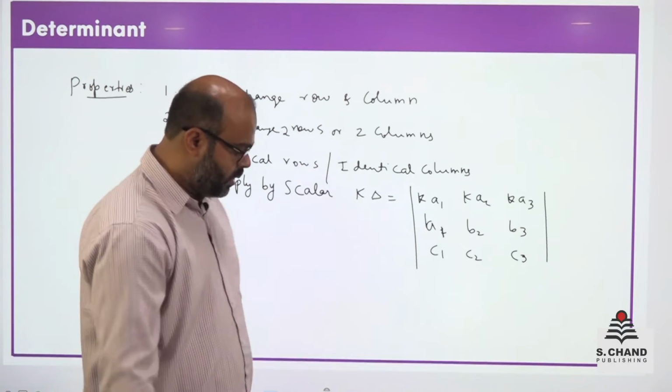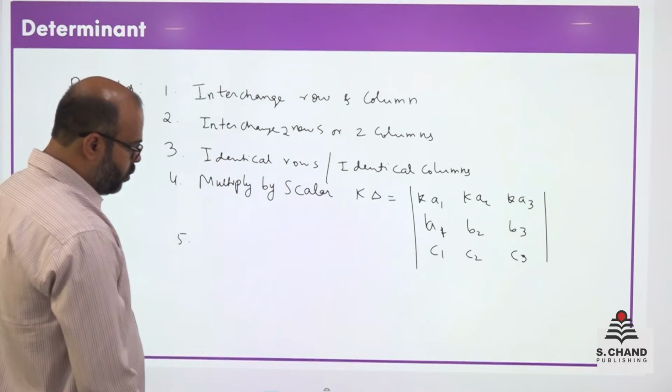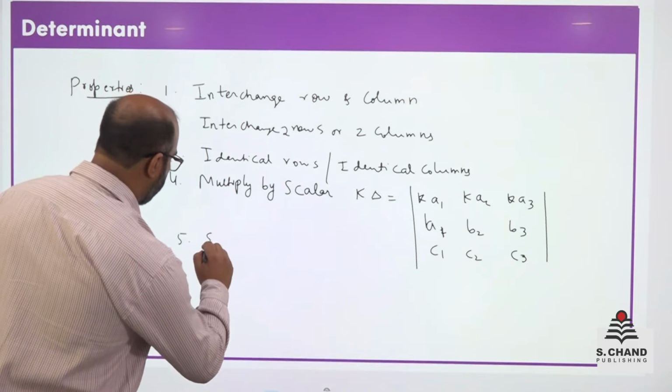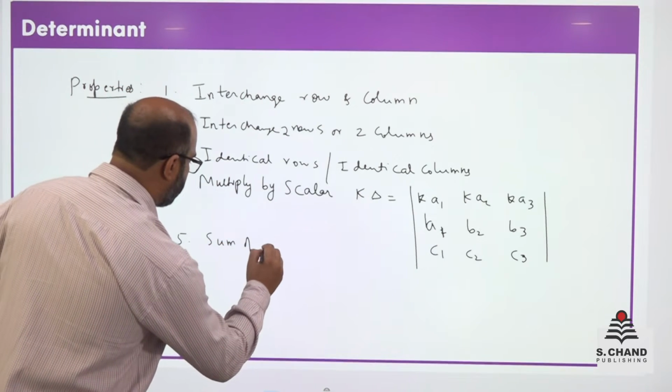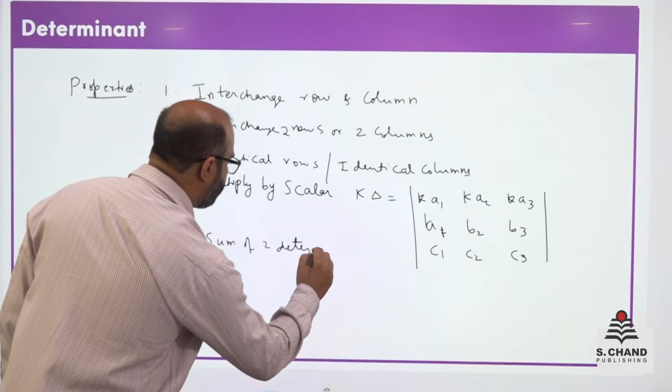Next property is the sum of two determinants. How do we do that?